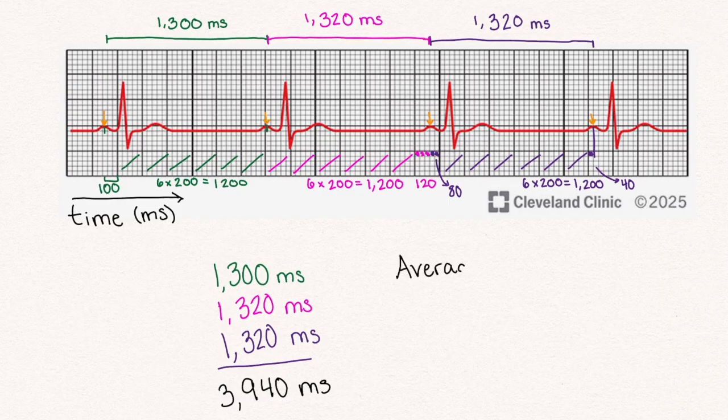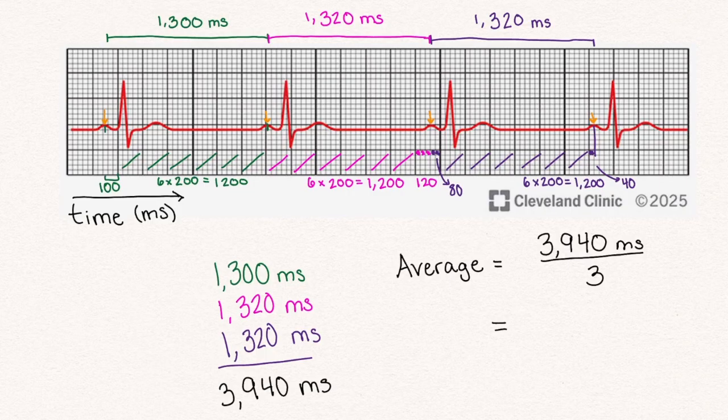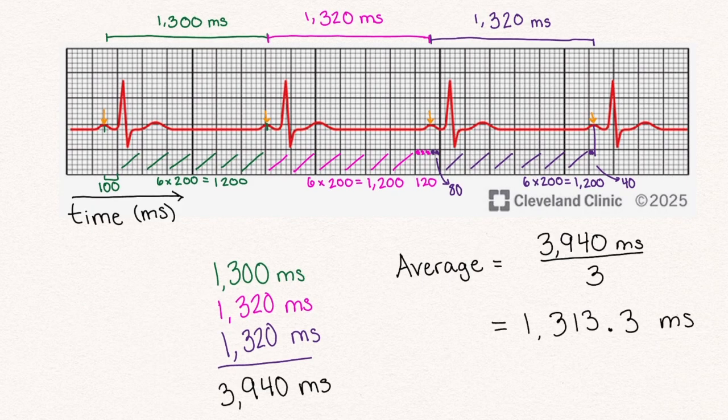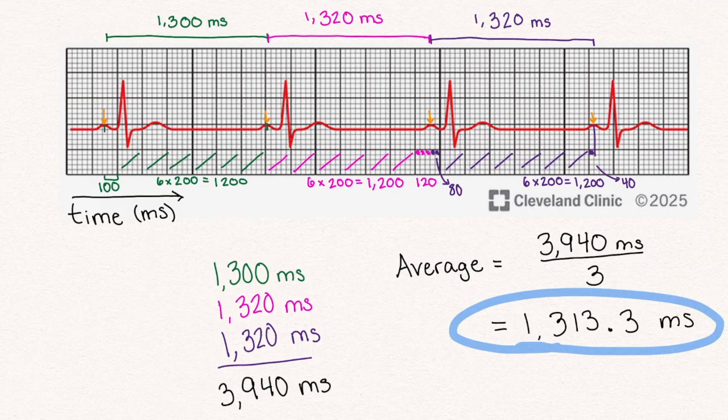To find the average, I need to divide my total by the number of intervals that I measured, which in this case is 3. When I divide my total by 3, I get 1,313.3 milliseconds. 1,313 is not a heart rate. If it was, you'd be in a world of hurt. So this is not our final answer.